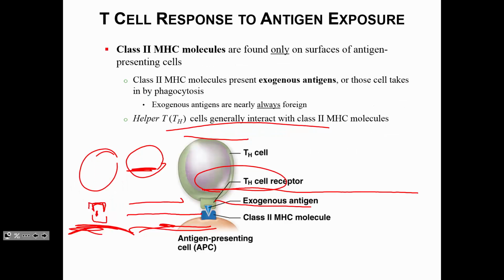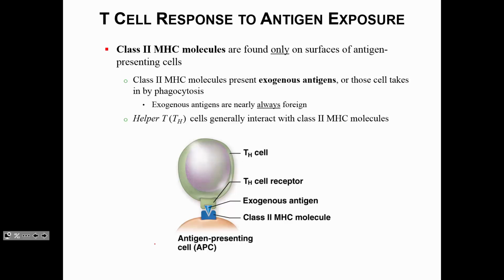Now, the other type of MHC is the class 2, and they are found only on the surfaces of antigen-presenting cells. Remember, APCs. These are basically macrophages, dendritic cells, and natural killer cells. Class 2 MHC molecules are going to present exogenous antigens, or those that the cells take in by phagocytosis.